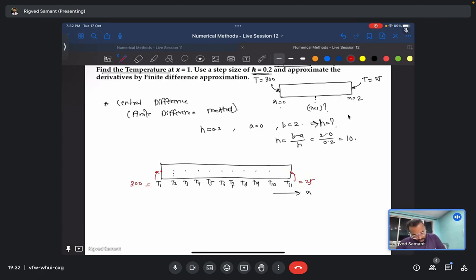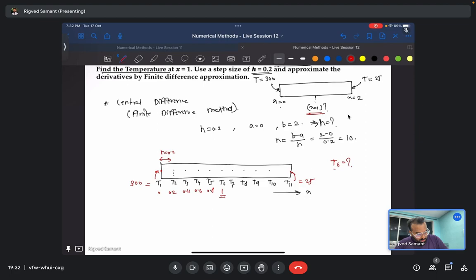Now it has asked you to find the value at x equal to 1, right? With h equal to 0.2, the points are 0, 0.2, 0.4, 0.6, 0.8, 1. So what you want to find is T6.